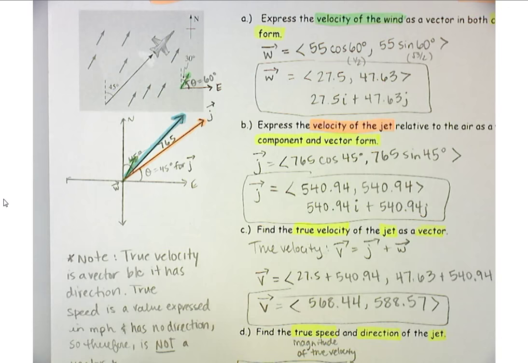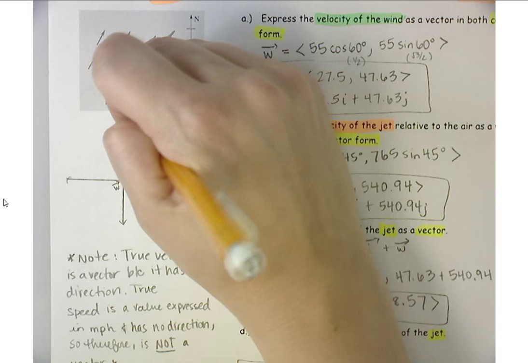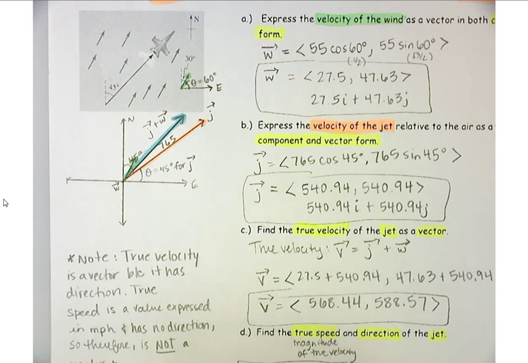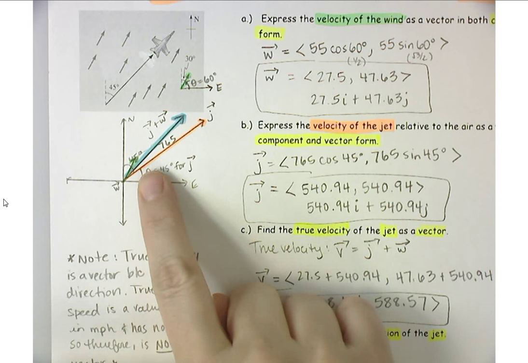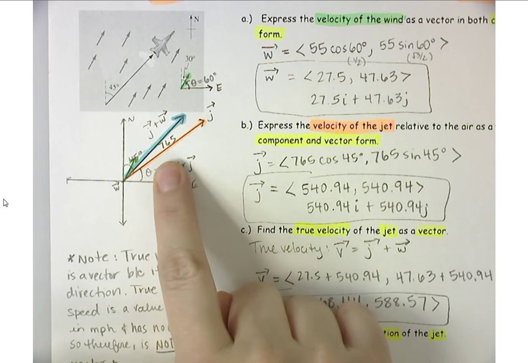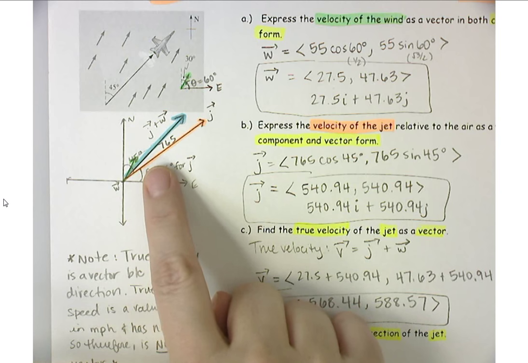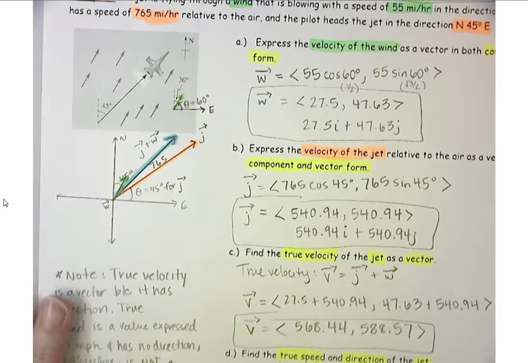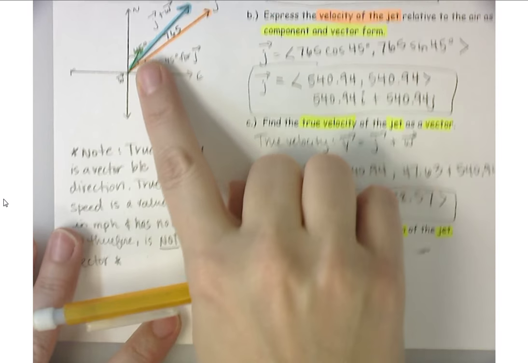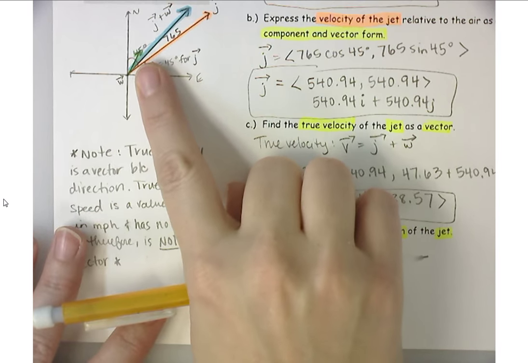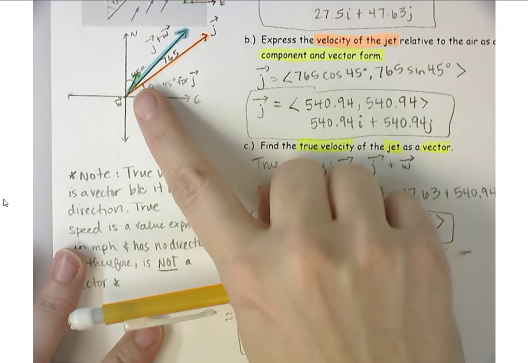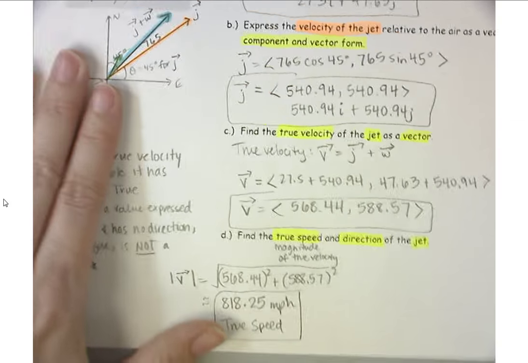So look and see where this is. This is the jet plus the wind. Okay? See how this does look like it's a little bit above my jet line? So that kind of gives me a frame of where my theta should be. Okay? So it's most likely going to be greater than 45 degrees. Now, it all depends on the accuracy of your picture. Okay, so the more accurate your picture is with the magnitudes, the more accurate your estimation is going to be.